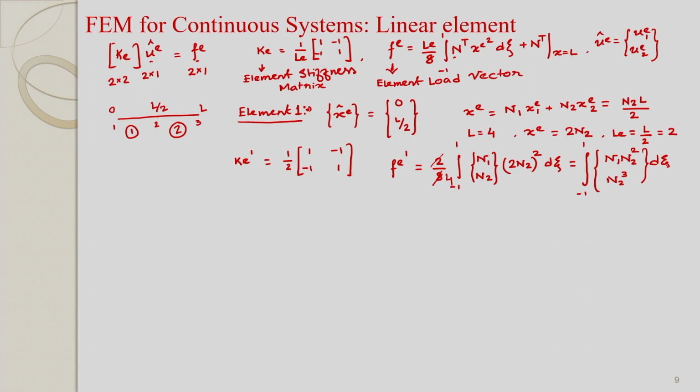Now, we know N1 equal to 1 minus xi by 2, N2 equal to 1 plus xi by 2. So, we can integrate this quantity between the limit minus 1 to 1.